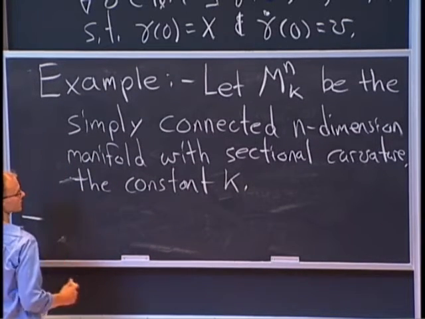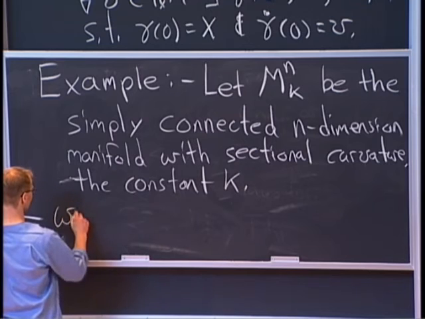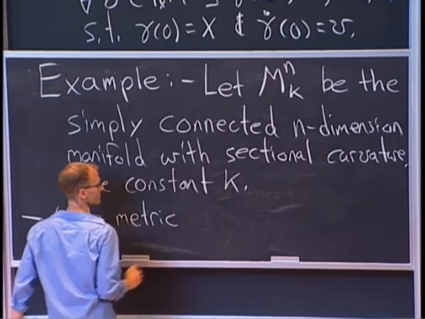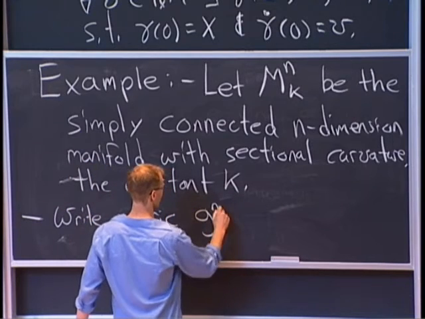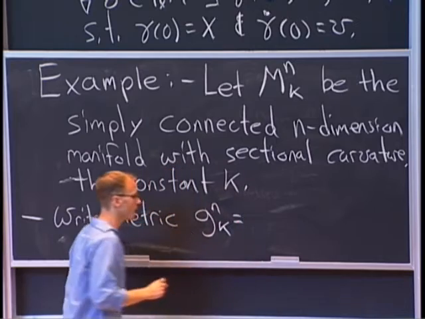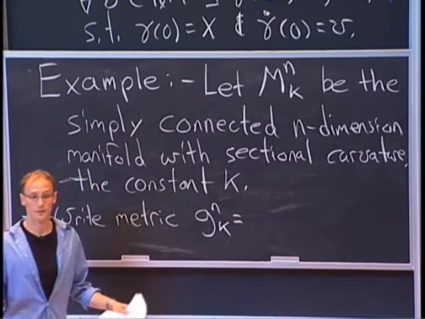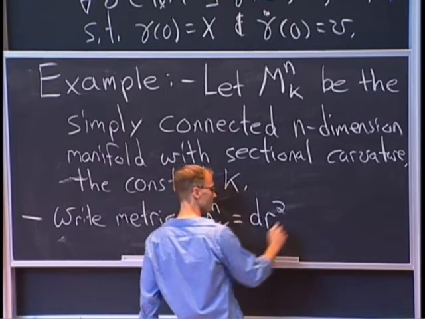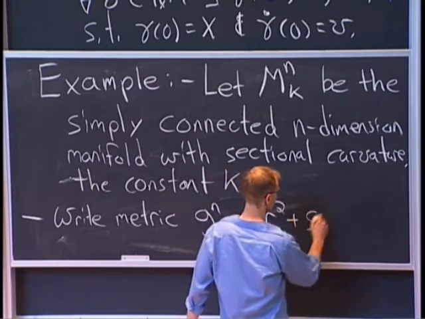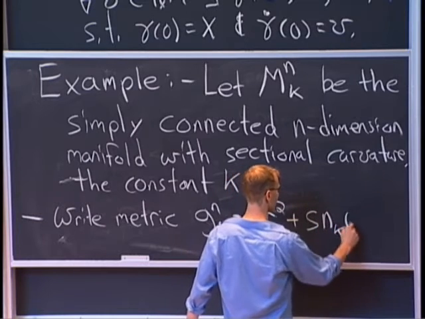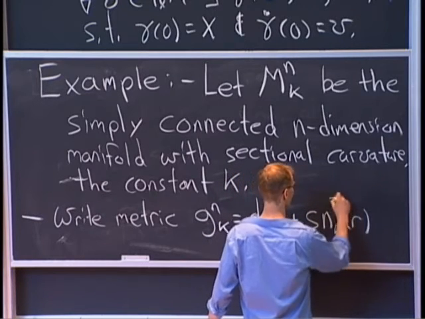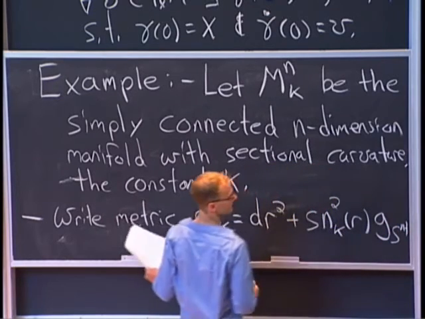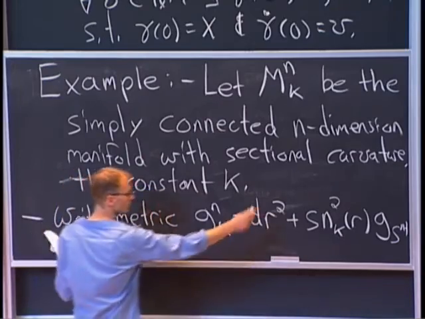So let's write the metric g_K. Topologically, I'm going to write this on R^n, so in polar coordinates it would look like dr squared plus some function, which I'll tell you explicitly, times the standard measure on the n-1 sphere. So this is standard polar coordinates with some warping factor.